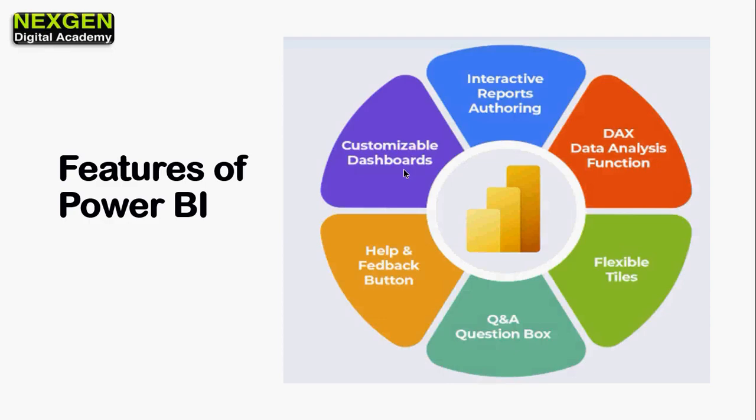Then there is interactive report authoring. Interactive report authoring helps the user to explore data in detail. If I want to explore data, like slicers, we talked about slicers in Excel, how to slice through our work to see a particular content or to present a particular view.